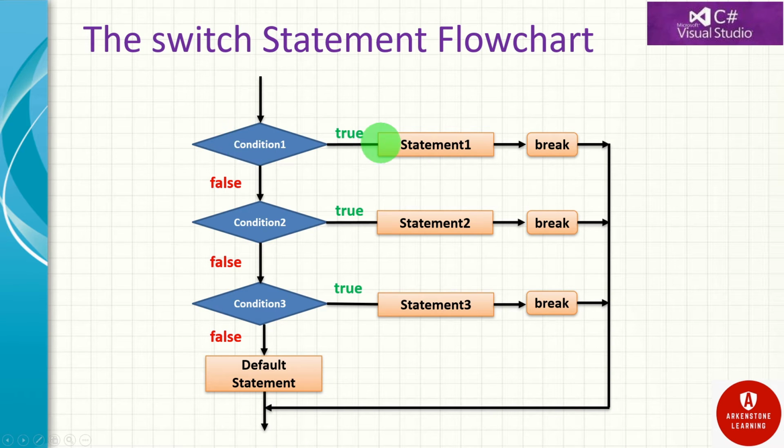If condition 1 is false, then it will check for condition 2. If it is true, it will execute statement 2, and then there is a break statement and so on. Finally, if none of the conditions are true, it will fall back to the default set of statements and execute them, and then program execution will continue.